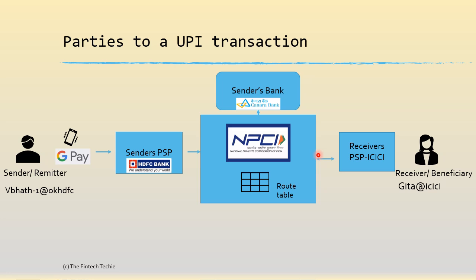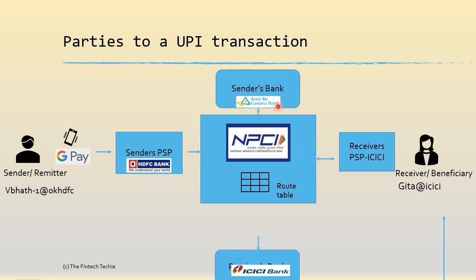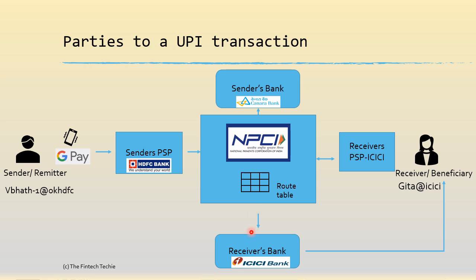Once satisfied, NPCI will now debit my account with Canara Bank. And if the debit is successful, it will credit to Geeta's account in ICICI Bank. And Geeta will get notified of the credit to her account number. So this completes the end-to-end flow.